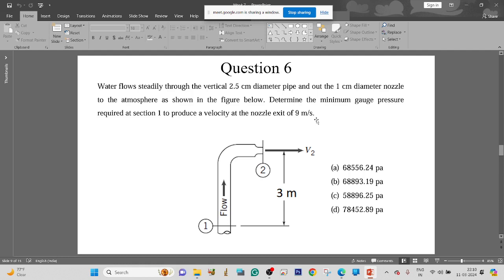588. Option C, ma'am. Option C. No. Check once again.